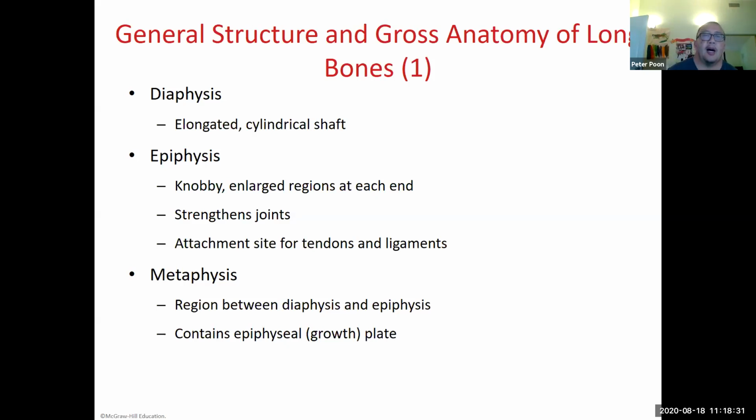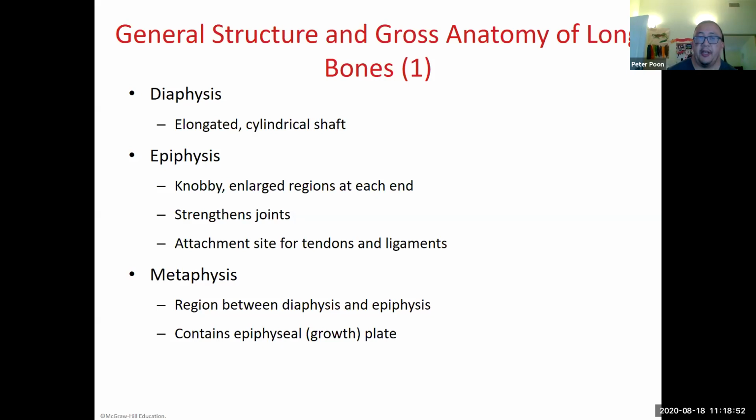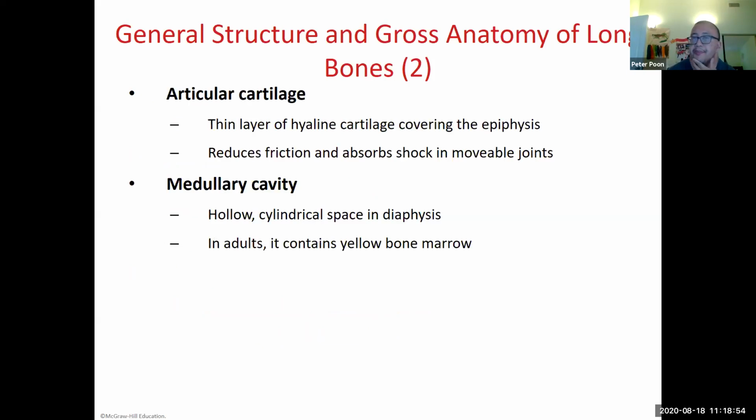They're the knobby enlarged regions on the edge, and they're where one bone attaches to another, and there will be special landmarks on each epiphysis to actually attach it to the next bone. And then in between is the metaphysis. That is a really small little area. In some textbooks, they actually consider it part of the epiphysis.